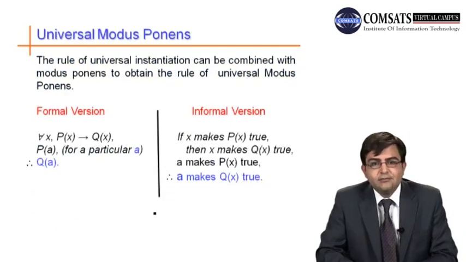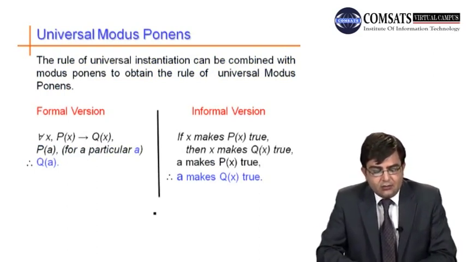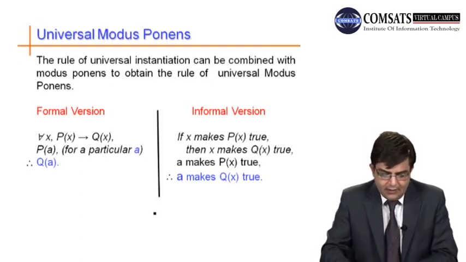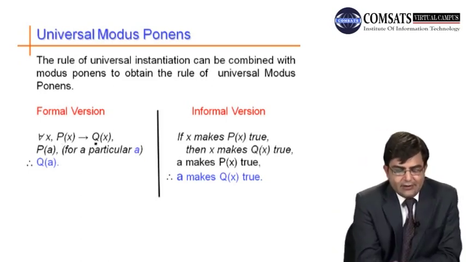Next we start universal modus ponens. What are the formal and informal forms of universal modus ponens? Here, the first statement is: for all x, P of x implies Q of x.